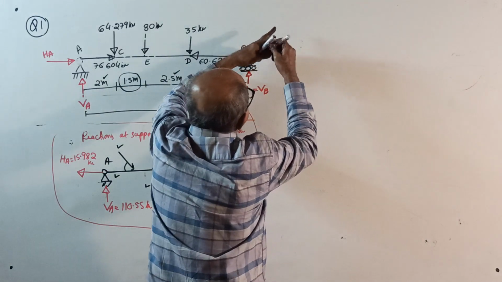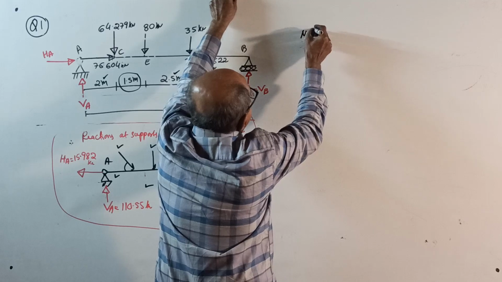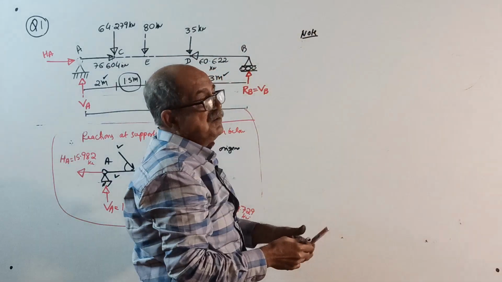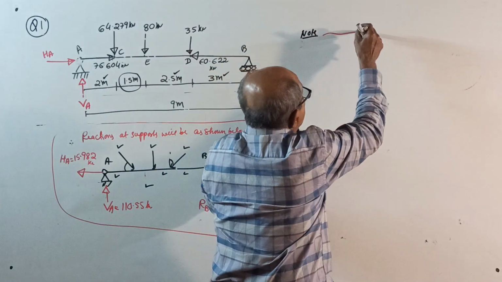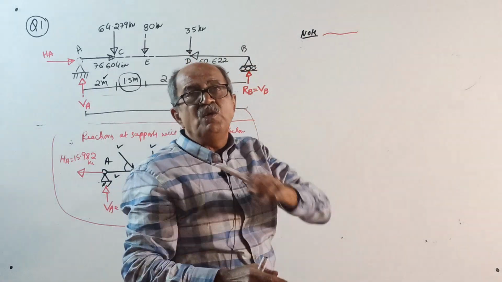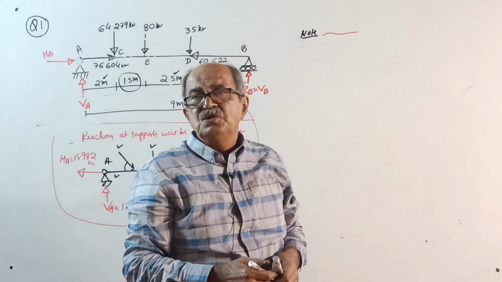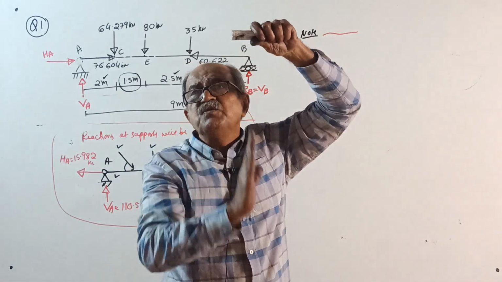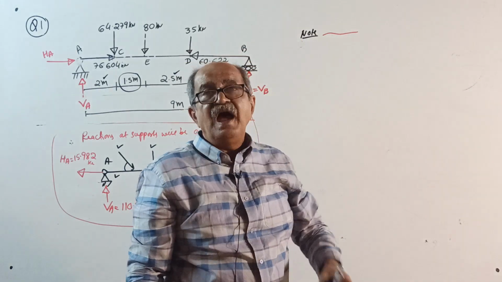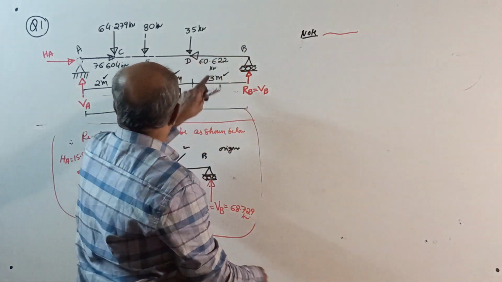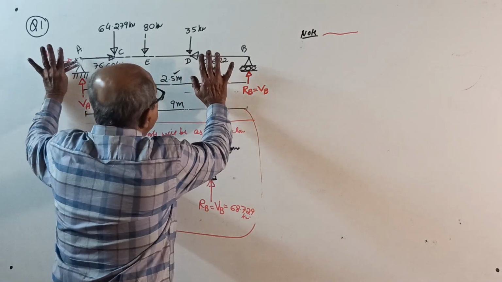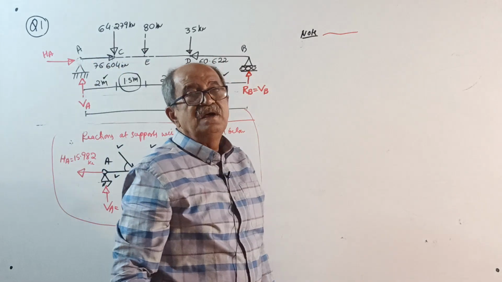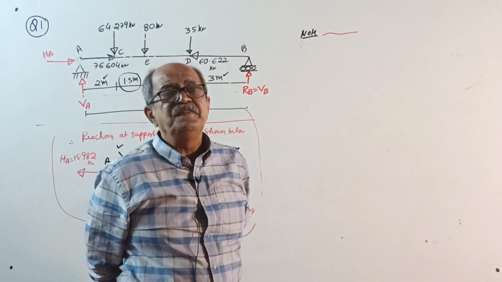Note: what all I dictate to you right now. Our beam is a horizontal beam. So, for SFD-BMD, you require vertical forces and reactions. And for axial force, you require horizontal forces. Everything is ready. But right now, we are not going there.